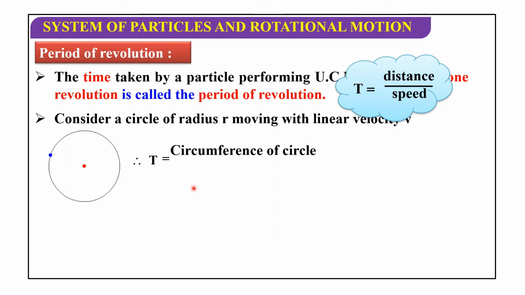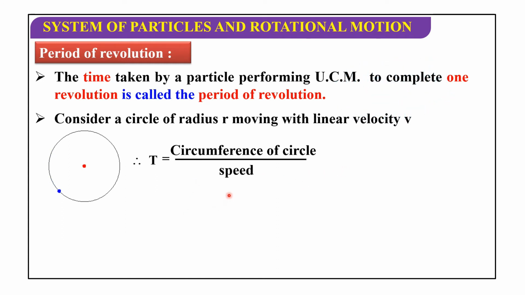Therefore, T is equal to circumference of the circle by speed. Here the distance is the circumference of the circle, since it is moving along the circumference. So, in place of distance we write circumference of the circle.